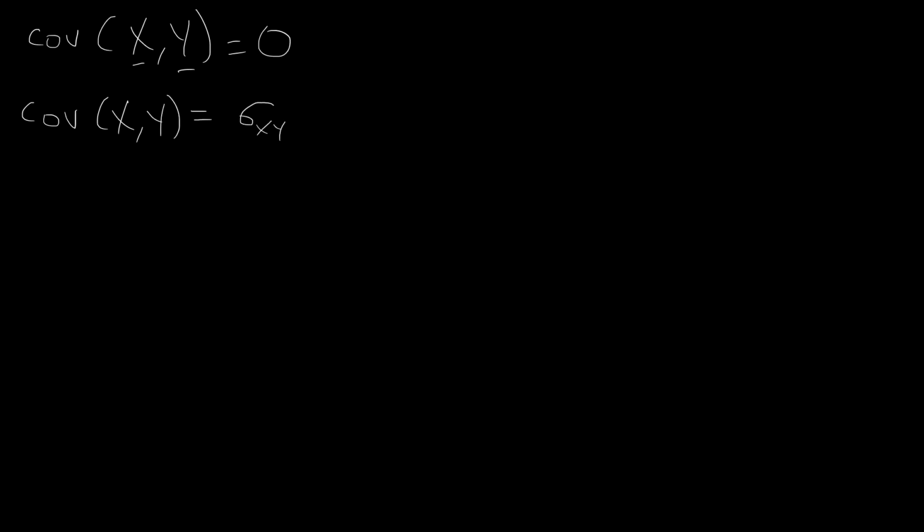So covariance is denoted by sigma with the subscript xy, and this is defined as the expected value of the product of their deviations from their population means. So mu denotes the population mean, so x minus mu x times y minus mu y.